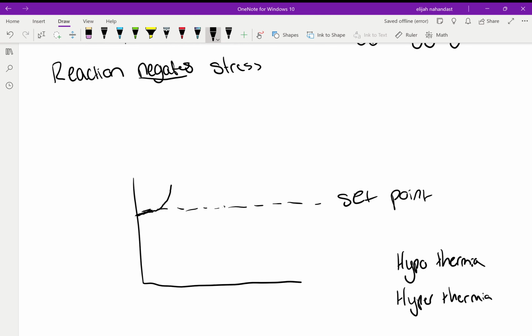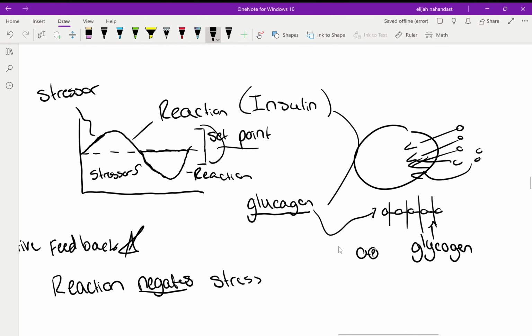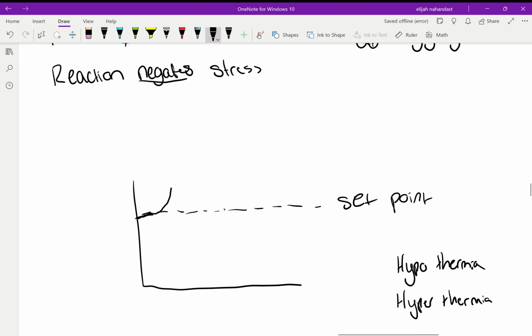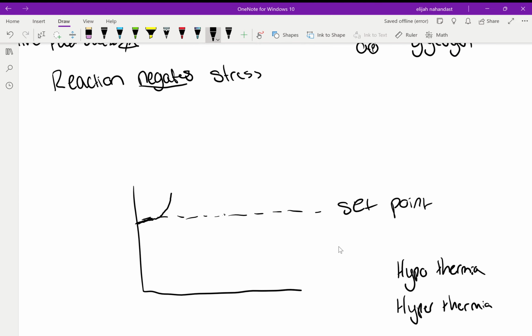So instead of having that up and down that we had in negative feedback, at a point our temperature starts to rise and we start sweating less. And because we sweat less, which was one of our cooling mechanisms, our temperature is going to continue to rise.